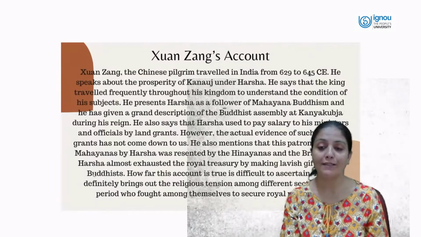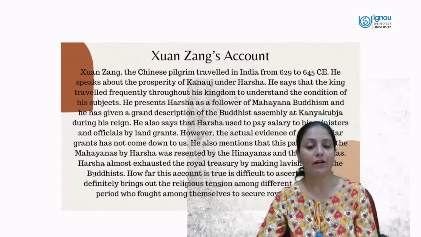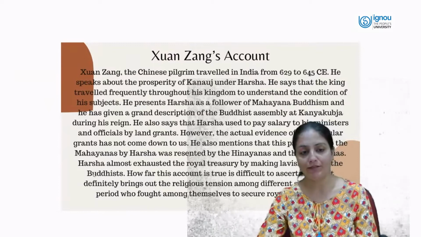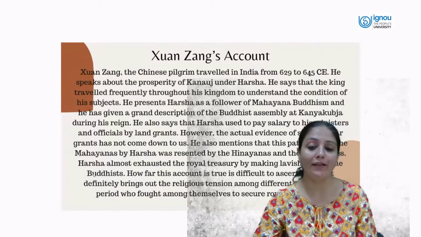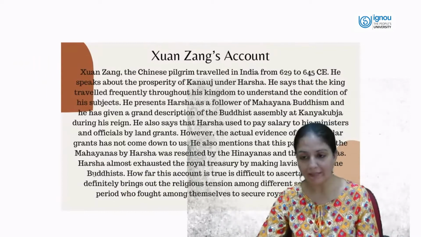He also mentions that this patronage to the Mahayanists by Harsha was resented by the Hinayanists and the Brahmins. Harsha almost exhausted the royal treasury by making lavish gifts to the Buddhists.